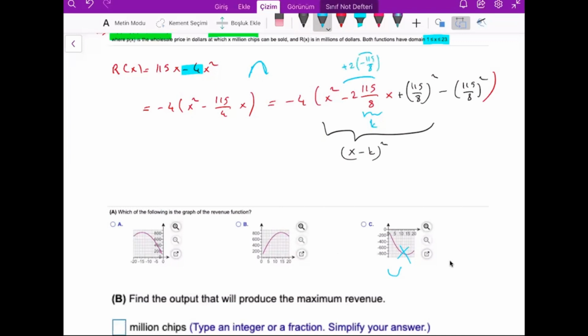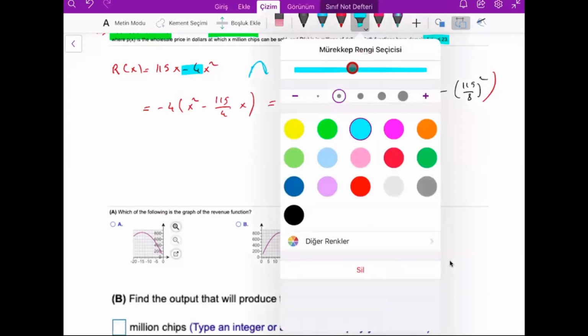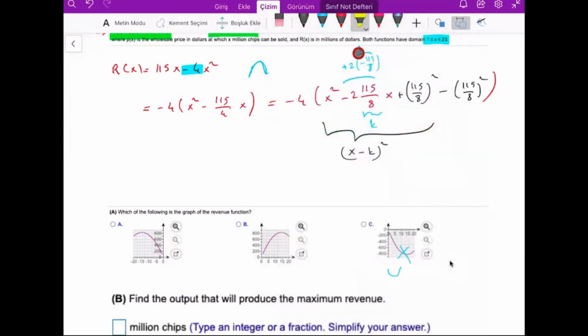So this is your K, but this is not the K. Because of that reason, minus K. If we say 155 over 8 is K, so this is minus K. The reason is this is minus K.